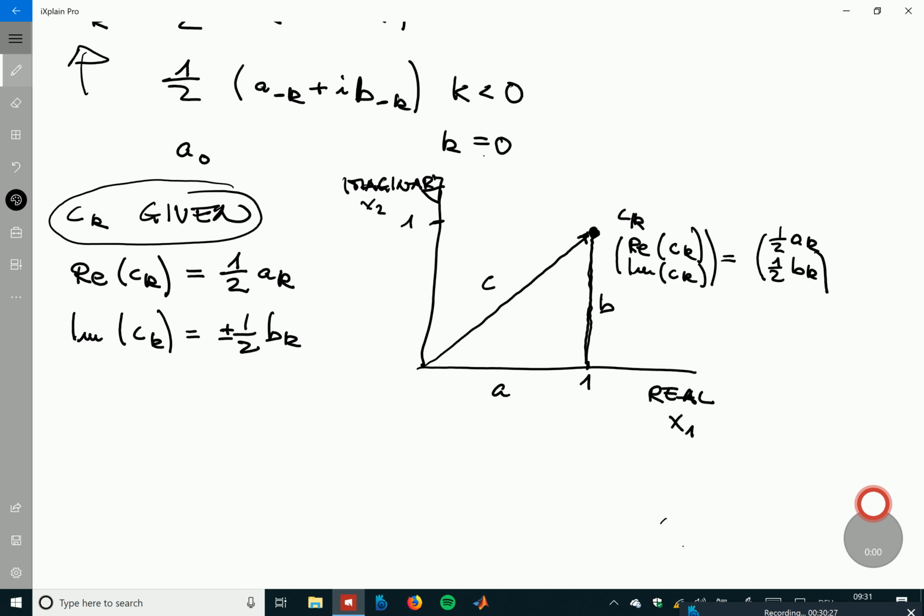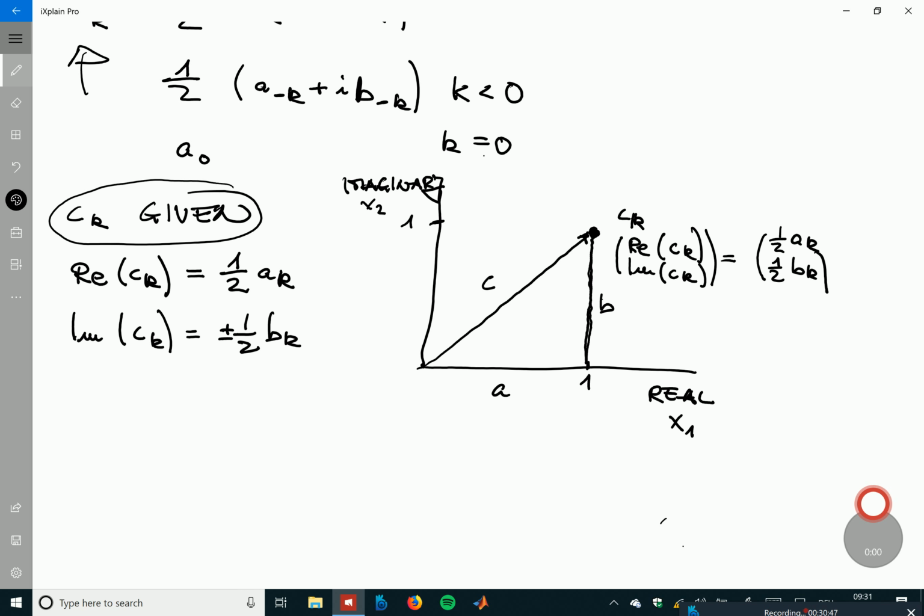So what is the length of c from high school? The length of this? Exactly. So that's the Pythagorean theorem.